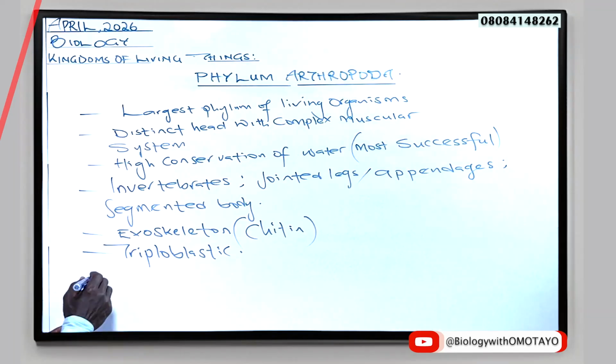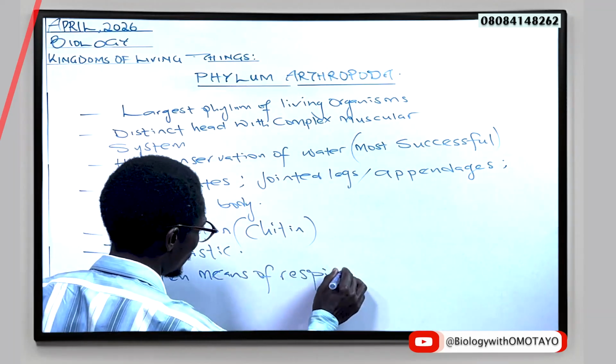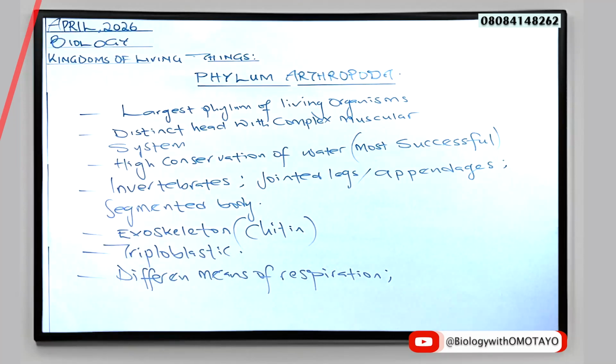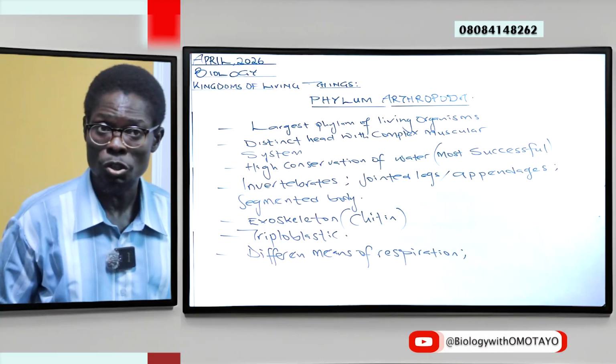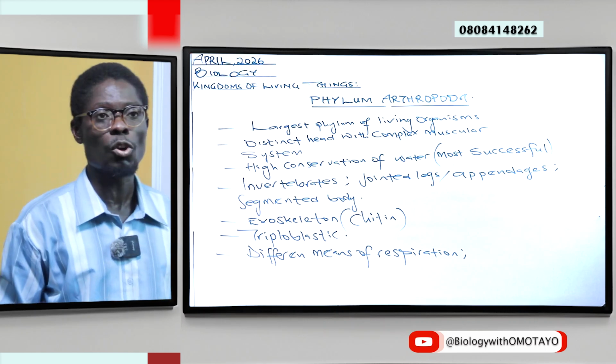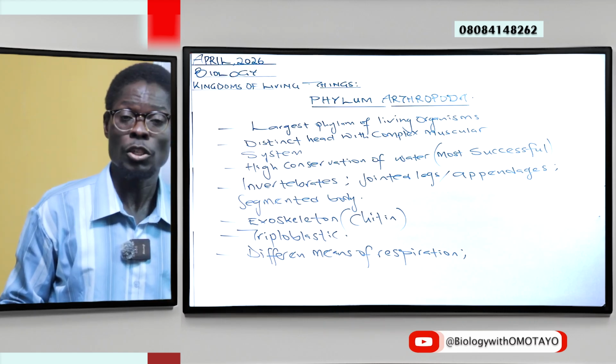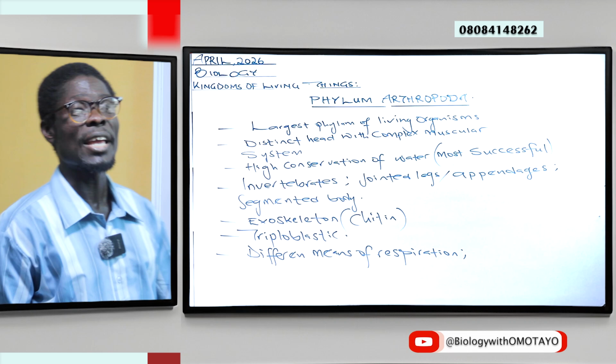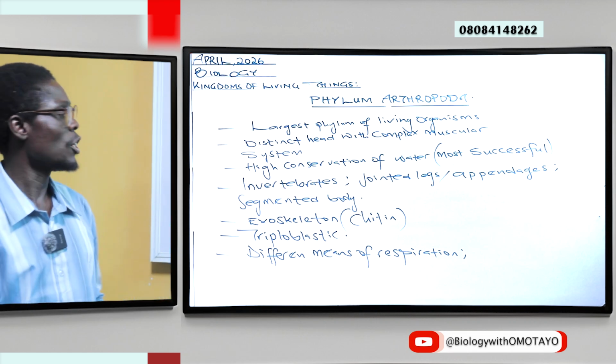So, a quick one. Some of the members make use of gills, some make use of what is called trachea, some make use of what is called a lung book, and so on. So take note, when we get there, we'll be looking at each in detail.